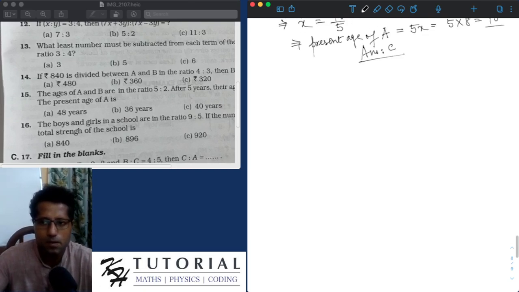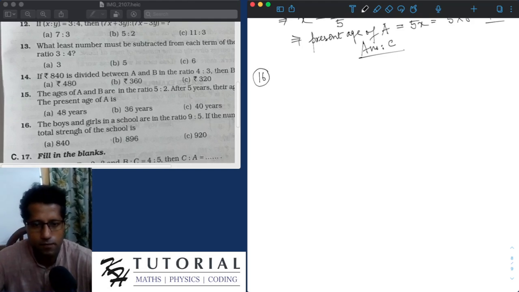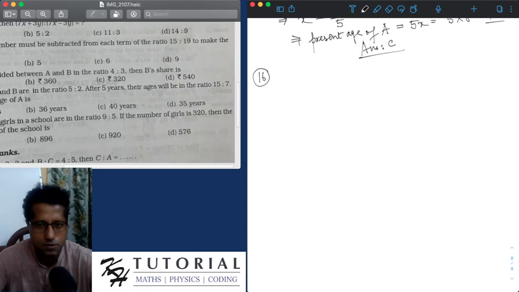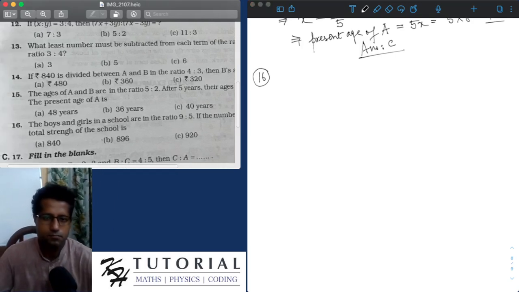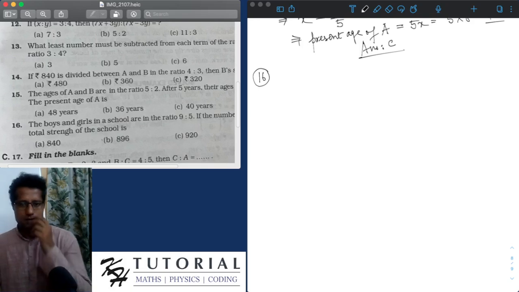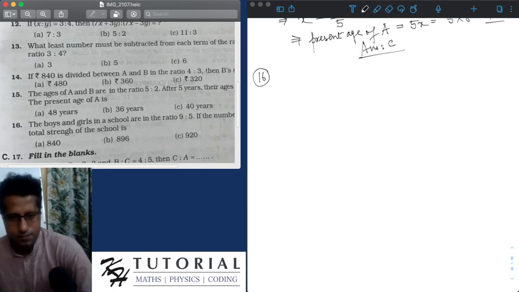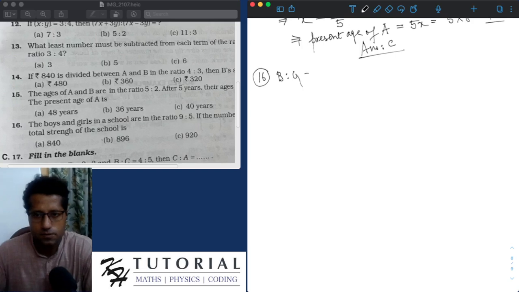Okay, let's do problem number 16. The boys and girls in a school are in the ratio 9:5. If the number of girls is 320, then the total strength of the school is... Now in this problem, the ratio of boys to girls is given to be 9:5.